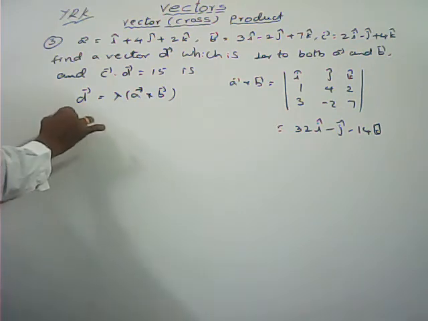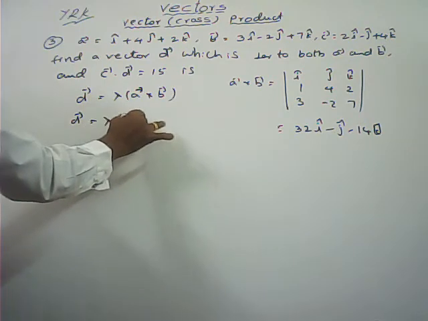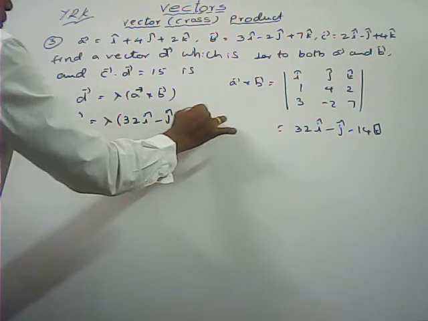So here D bar is equal to lambda times (32 i cap minus j cap minus 14 k cap).